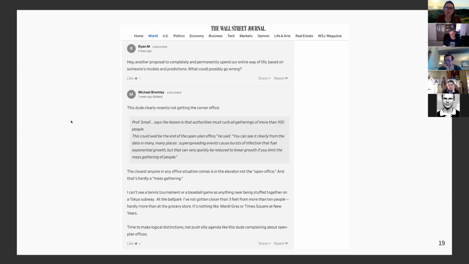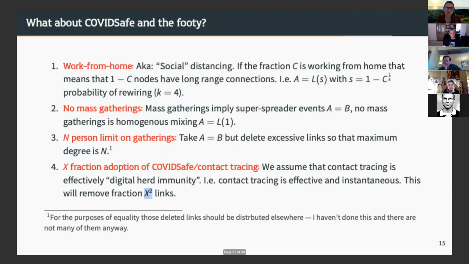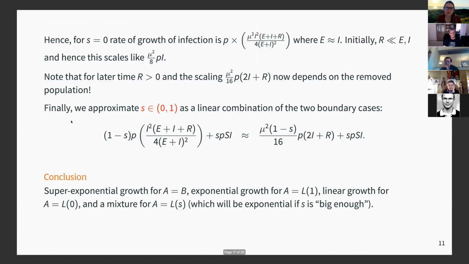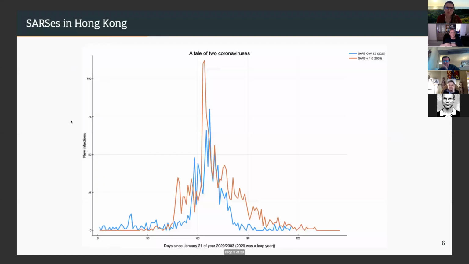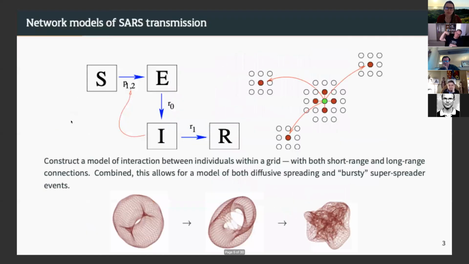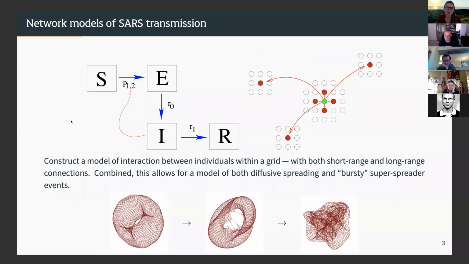After the exposed state, maybe I'll just go to the picture. Sorry for that. In the exposed state, you've received the virus, but you're not symptomatic and you're not infectious. But then you pass into another state where you are infectious and still asymptomatic. So you cannot be removed because you are not going to be diagnosed, and you're not going to recover.